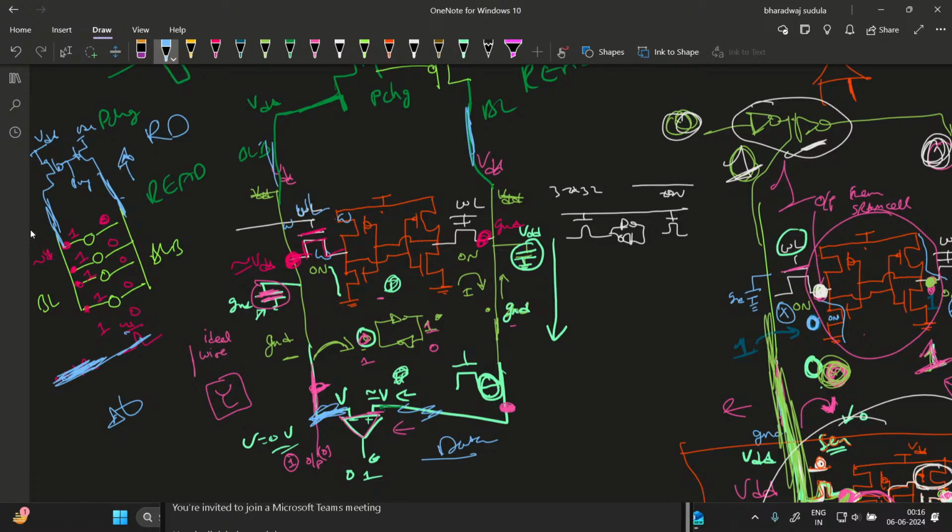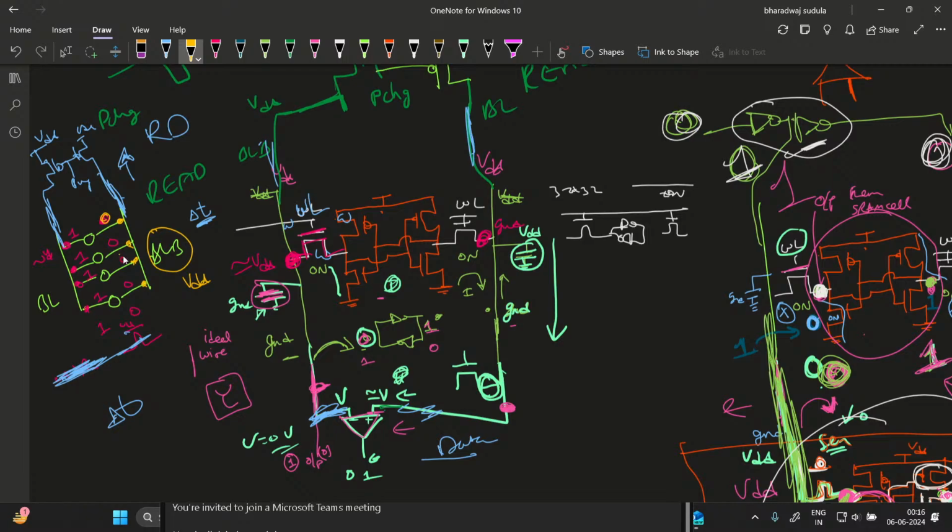Let's say I have given very minimal time to charge these bit lines, and somehow this bit line bar has not had enough time to charge to VDD because these diffusion caps are grounded, in the sense that previously zero has been written again and again.